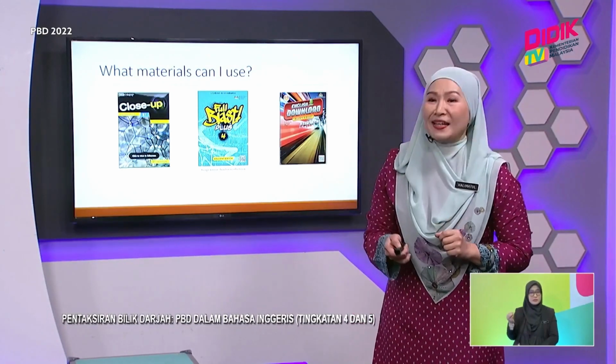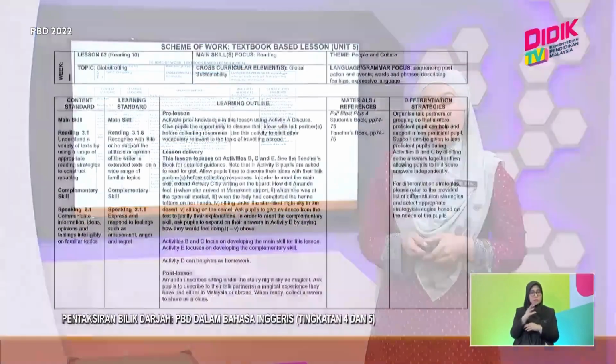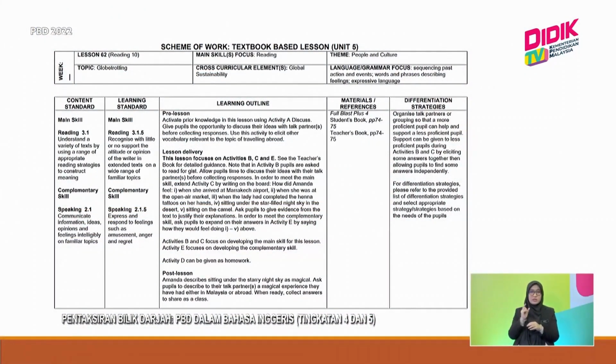Next, this is the scheme of work that every teacher around Malaysia should have, and this is lesson 62. The learning standard, as you can see, is reading 3.1.5, and there's a complementary skill which is speaking.